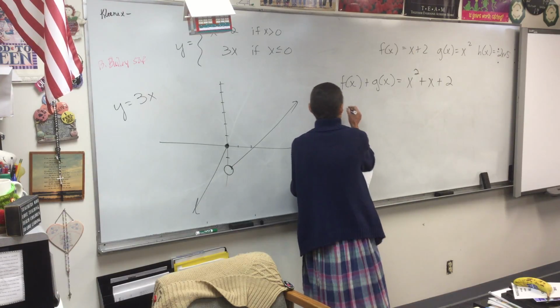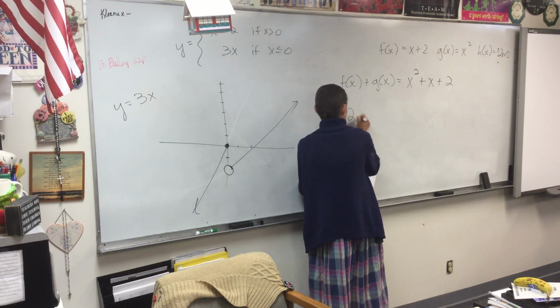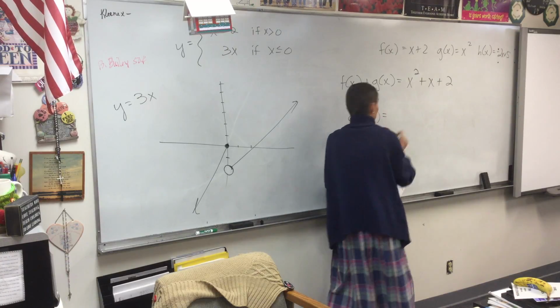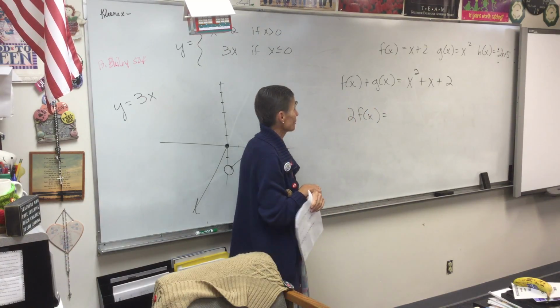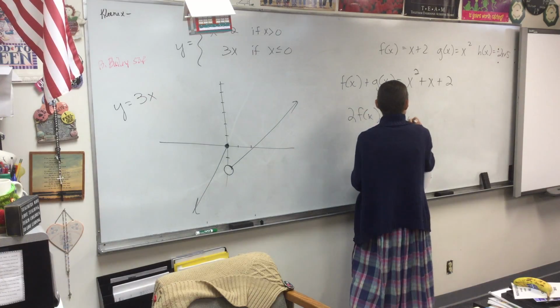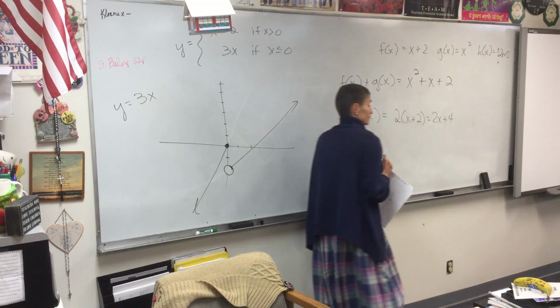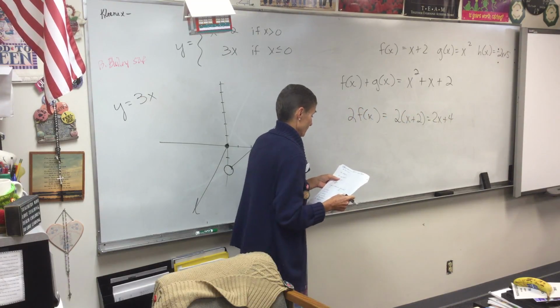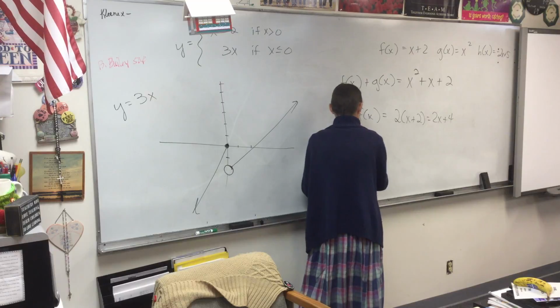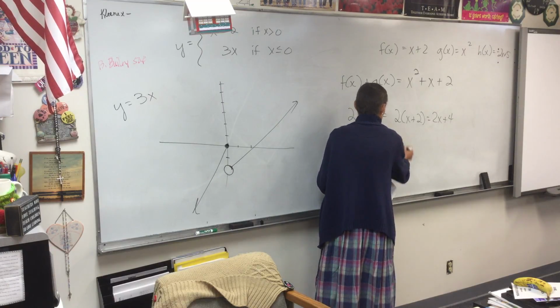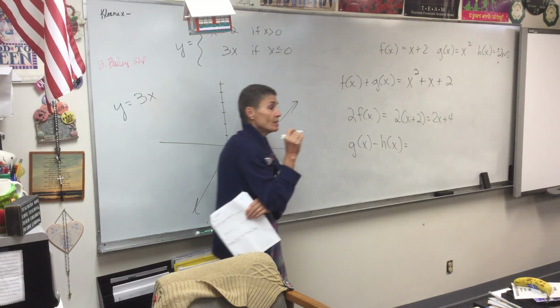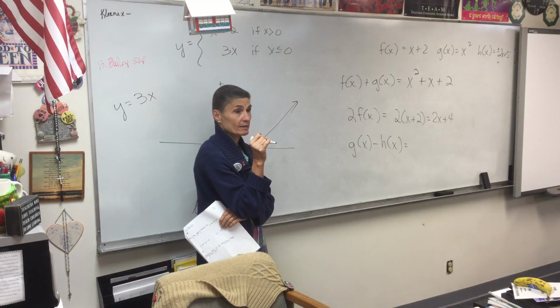Now, number 2. What do you think 2f of x would be? Again, don't make it hard. 2 times x plus 2, which is 2x plus 4. All right, how about this one? g of x minus h of x.